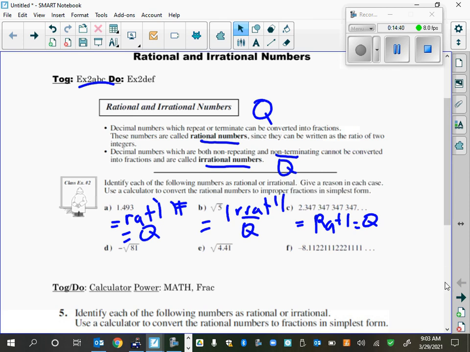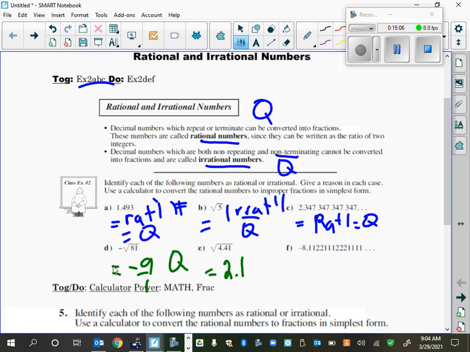Okay, so this is square root of 81, which is 9, so negative 9, and negative 9 can be written as a fraction. Any number can be over 1, so that's rational. Don't assume every square root is irrational. When you do square root of 4.41 on your calculator, what do you get? 2.1, okay.